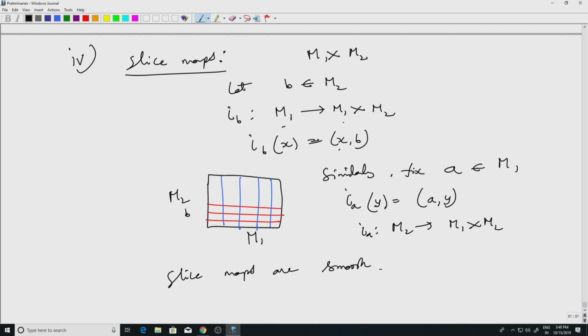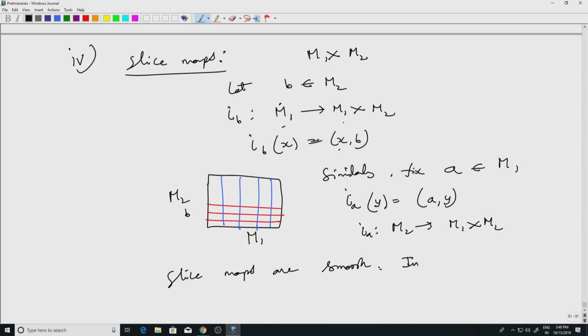And in fact, here again one can just take some coordinate chart. One has to start with a coordinate chart around a point in M1. Just use the same coordinate chart as a part of a product coordinate chart in M1 cross M2. It doesn't matter what coordinate chart you use for this B in M2, but for M1, just use the same one.